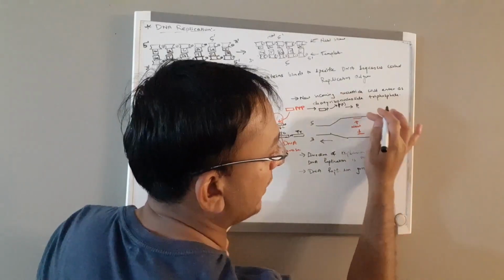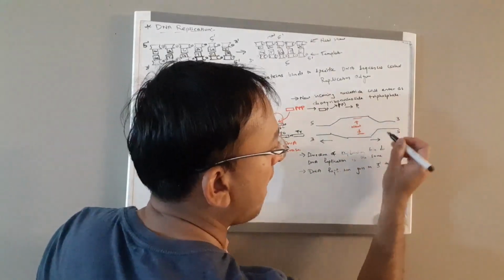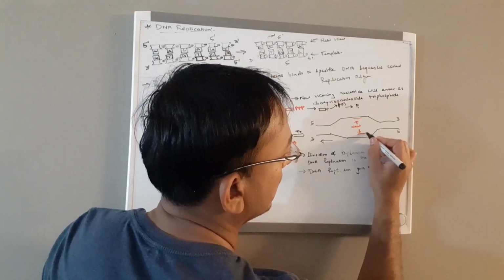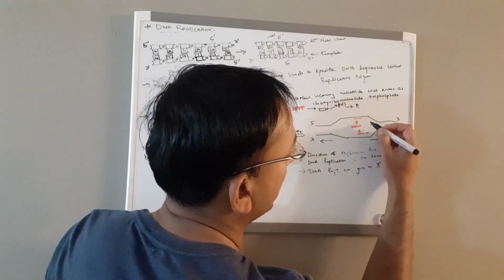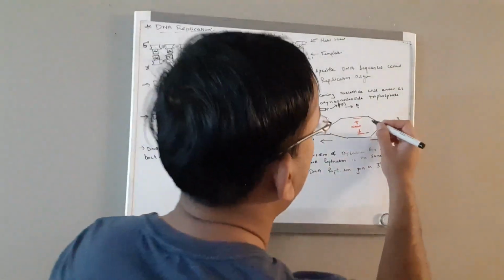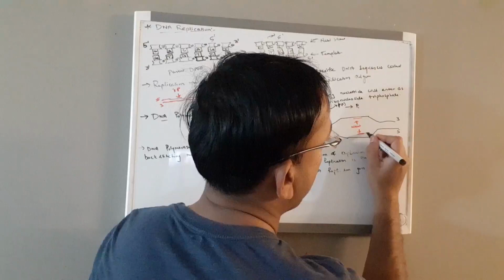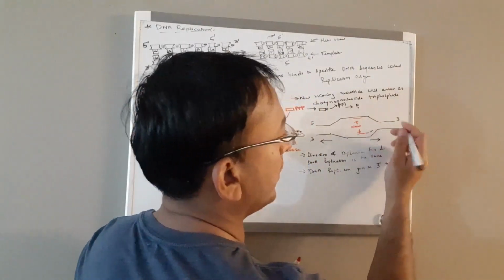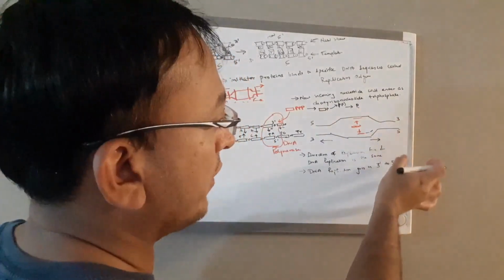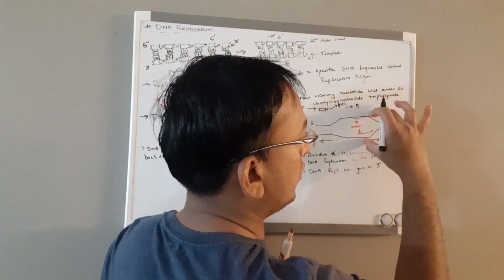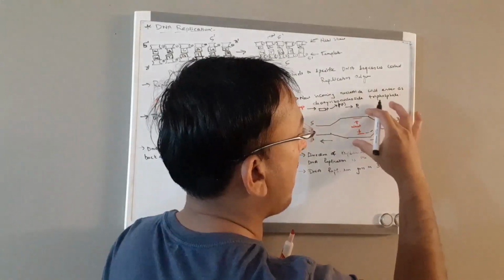But what is happening on this 5 to 3 direction? A new one is dropped here, and I will make a small DNA polymerase. All right, a new one is dropped here, then a new one is dropped here, and the DNA polymerase is moving. But what does it do when the DNA polymerase does one section?